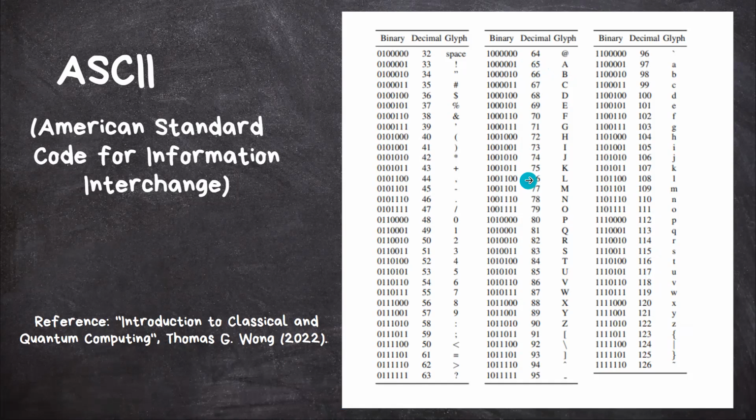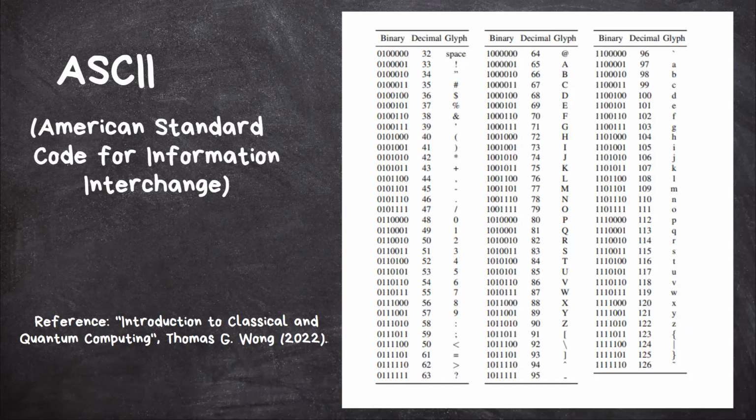One more thing is that there is a concept of the difference between a bit and a byte. We will also discuss that in detail in the next lecture, but a bit is just 0 or 1. It's the smallest unit of information, right? A byte is equivalent to 8 bits.